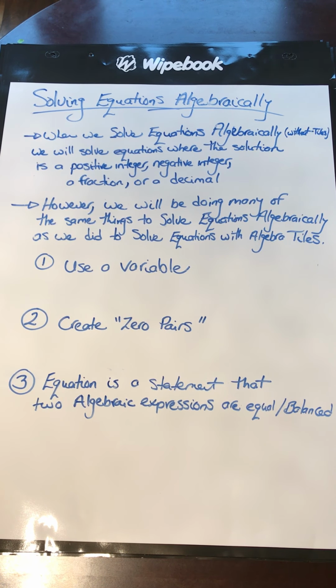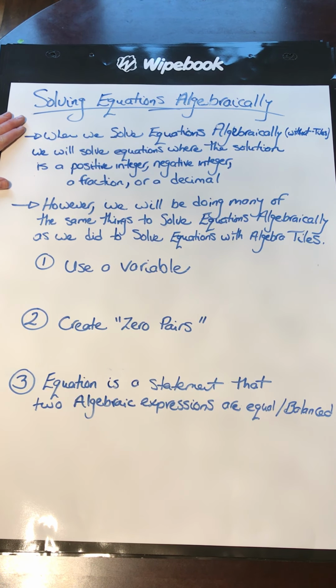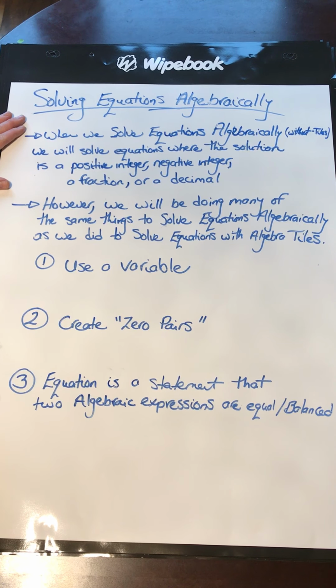So the solution was x is equal to 2, x is equal to 5. However, when we solve equations algebraically without tiles, we will solve equations where the solution could be a positive integer, could be a negative integer, could be a fraction, or the solution could be a decimal.